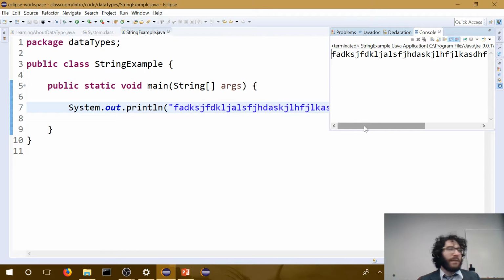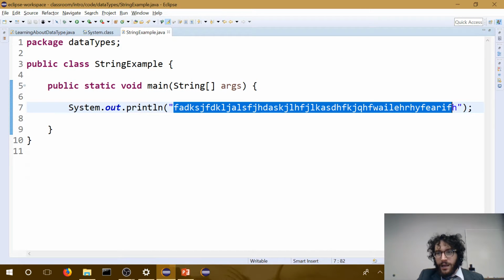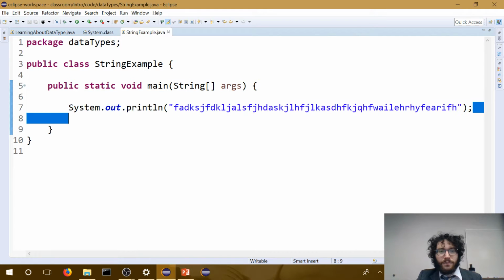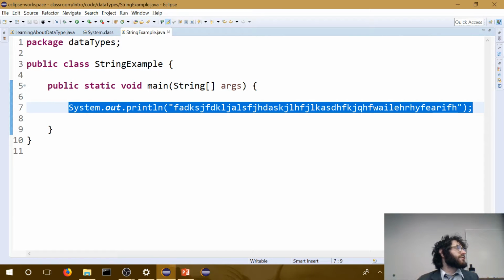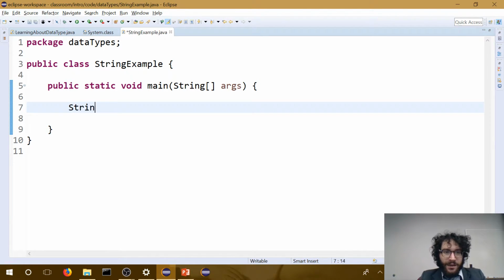Strings can be unlimited length. And because strings are so useful and ubiquitous in programming, Java does something pretty unprecedented, which is that it allows us to treat strings as primitives, so we don't have to learn anything extra to use them. So: String words is equal to "hello, have some words."